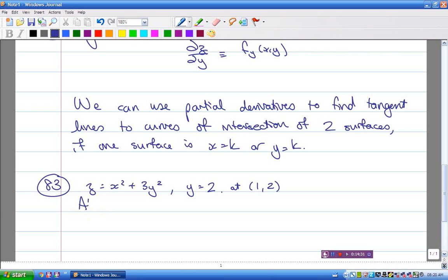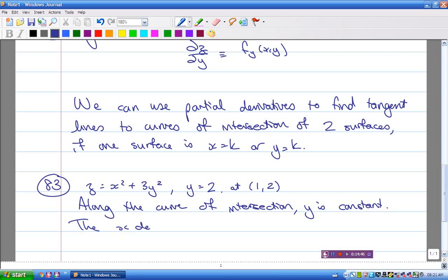Along the curve of intersection, I'm just going to write what I've just said verbally. Along the curve of intersection, y is constant. The x derivative will give us our slope. But there's a little funny bit coming up.